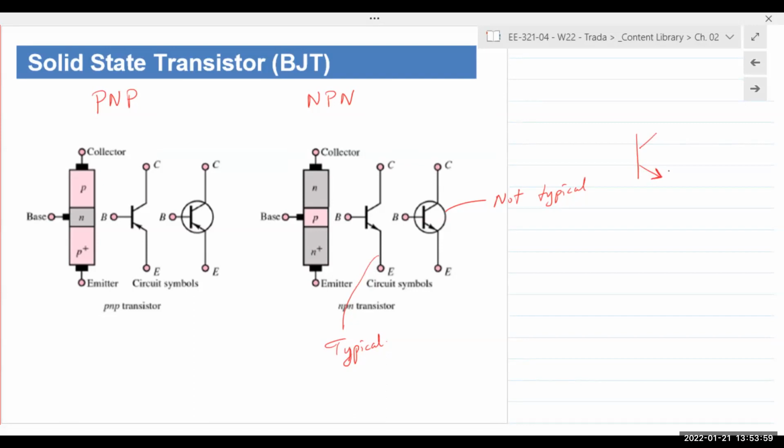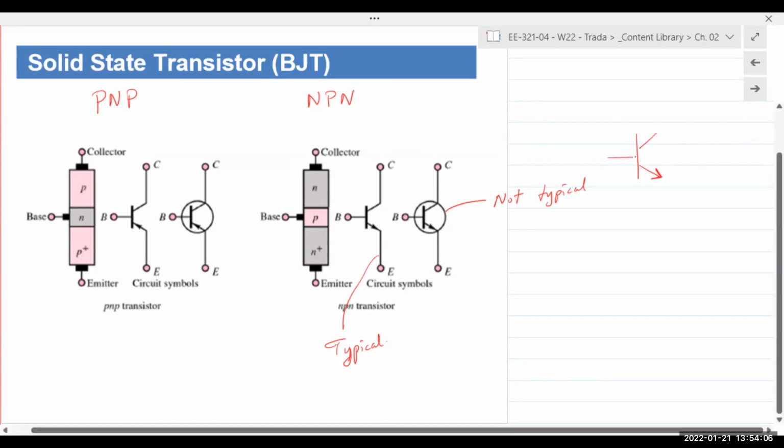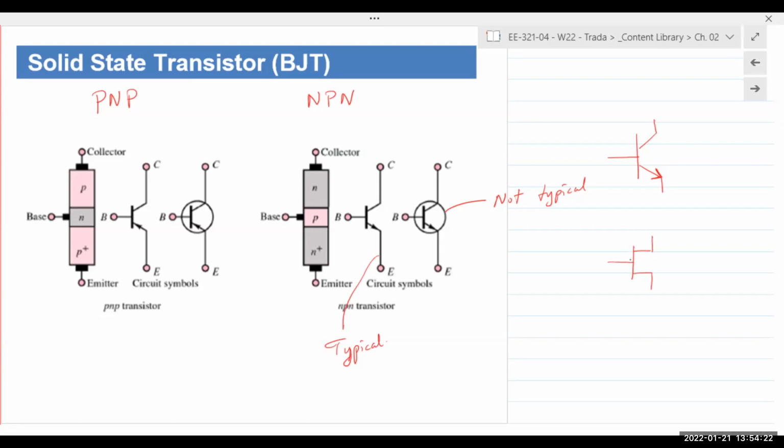If the arrow is going in, it is a PNP. The BJT is typically drawn like this. There is another transistor that is drawn with flat horizontal and vertical lines. Anyone know? So FETs, field effect transistors. But again, we'll take a look at that later.